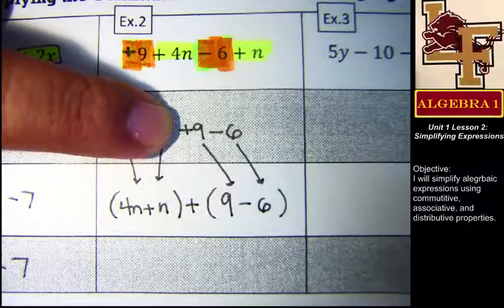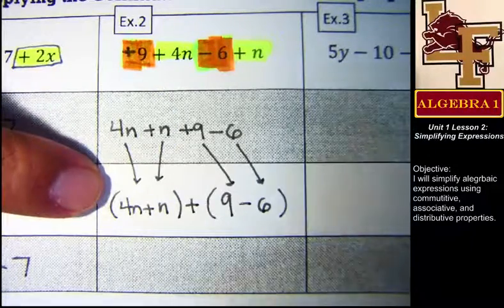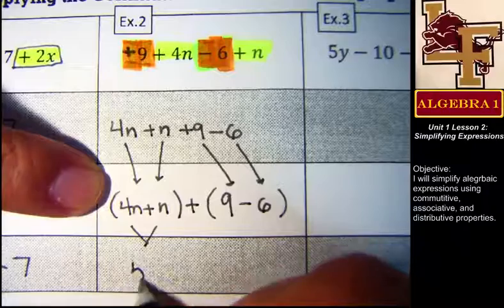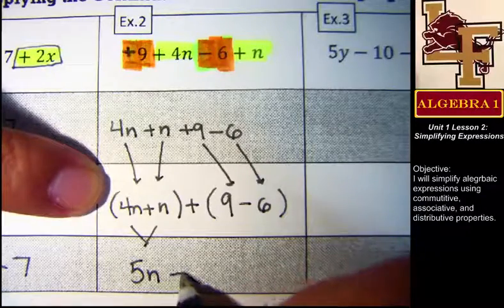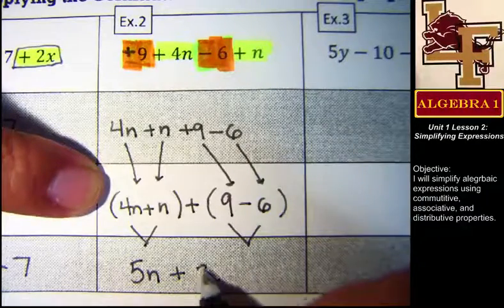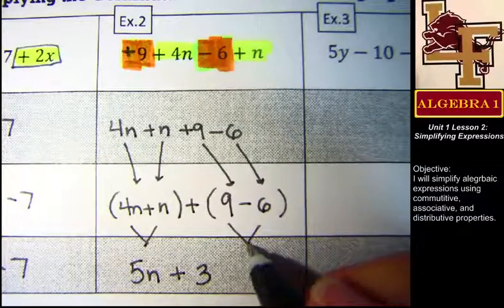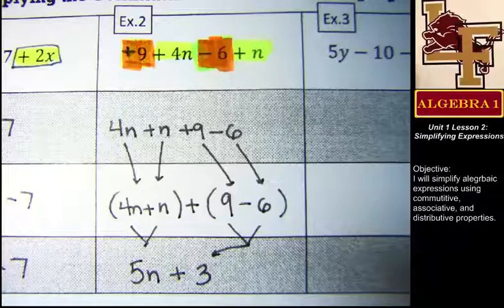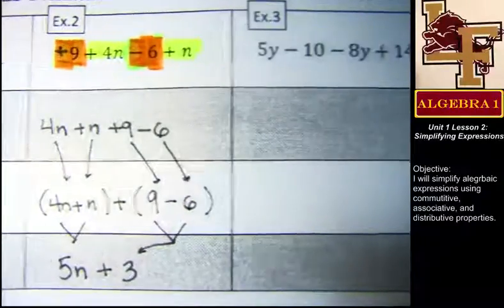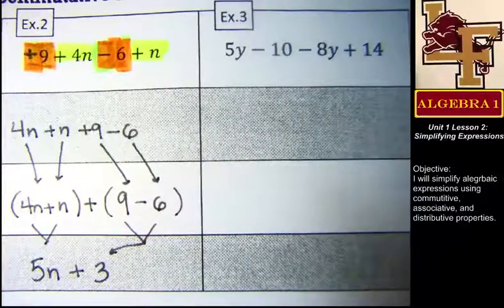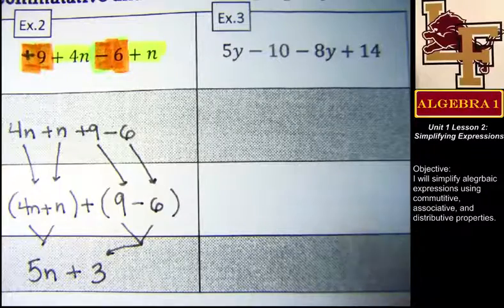All right. Now I'm going to add them together. 5n. And here, 3. Good. Okay, so this answer ended up over here. Sorry. Oh, remember this. Yeah, you remember this? Good. Let's do this one, because there's more happening here.